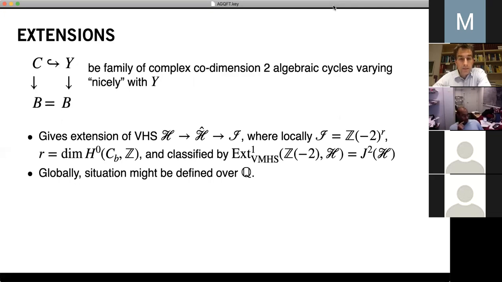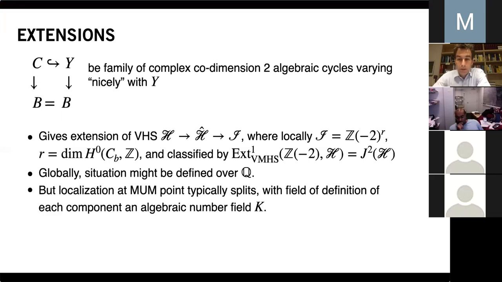And the point is that the extension appears more rapidly there, because even if your family of Calabi-Yaus is defined over Q, this curve might not be. Or what's actually relevant is the localization again to the MUM point, and that's the best I can explain how this occurs without showing equations.